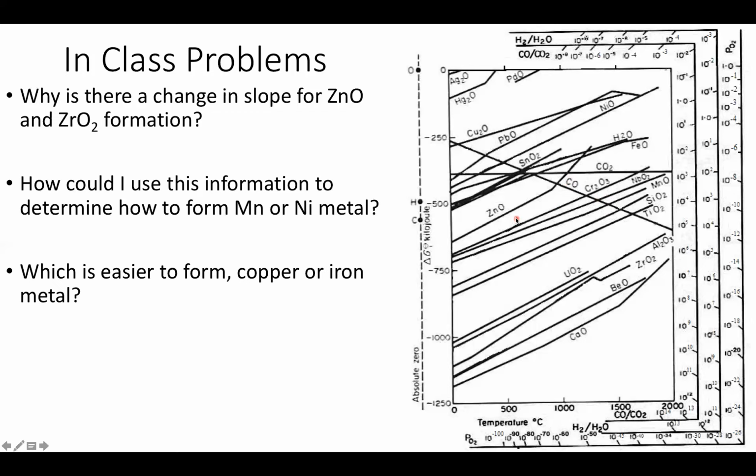One of the things I really love about an Ellingham diagram is it also tells me a lot about what's going to be an easier metal to form and the relative temperature regimes where you can form them. So let's look at early metallurgy. Two of the classic elements that defined early civilization are copper, from which we can make bronze, and iron. It turns out copper is relatively easy to make.